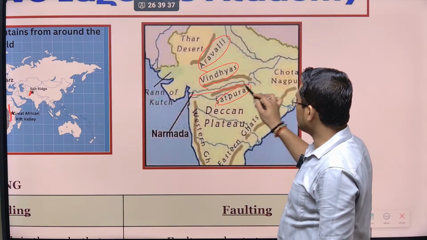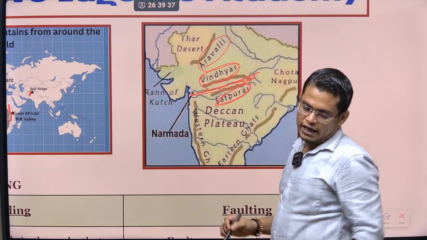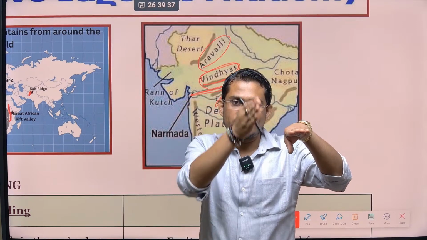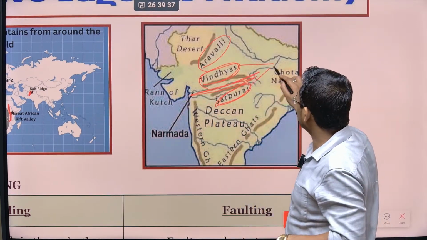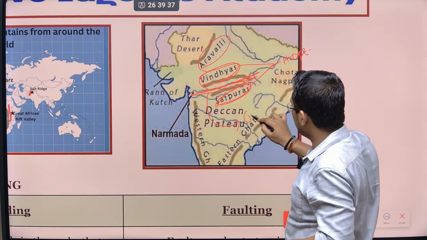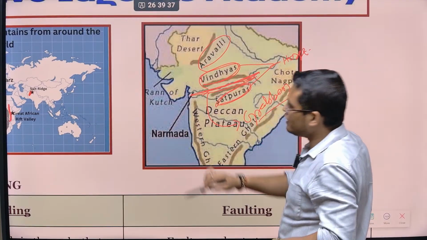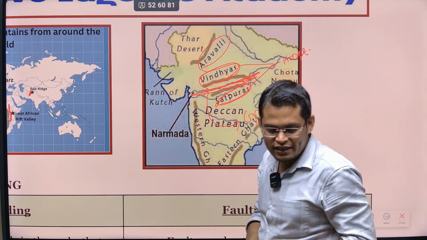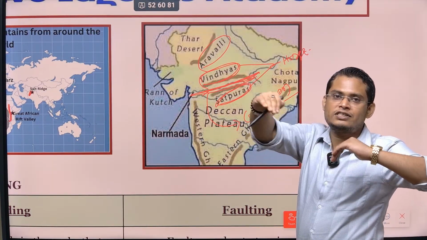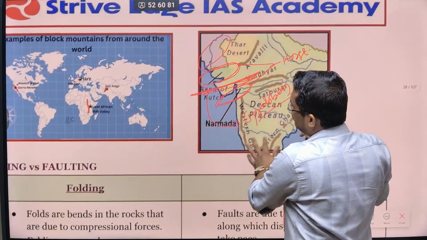In between Vindhya and Satpura there is faulting. These are horsts, and in between the two there is a graben. Through this graben, this Rift Valley, the Narmada river is flowing. There is a ditch like this between two mountains, and that channel is used by the Narmada to flow. So hope it is clear.